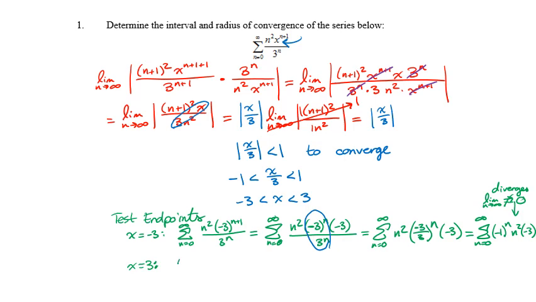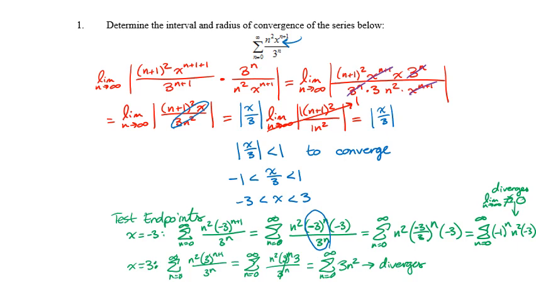So again, with 3, the sum from n equals 0 to infinity of n squared times 3 to the n plus 1 over 3 to the n is the same thing as n squared times 3 to the n times 3 over 3 to the n. Those cancel. We get the sum from n equals 0 to infinity of 3n squared, which also diverges.